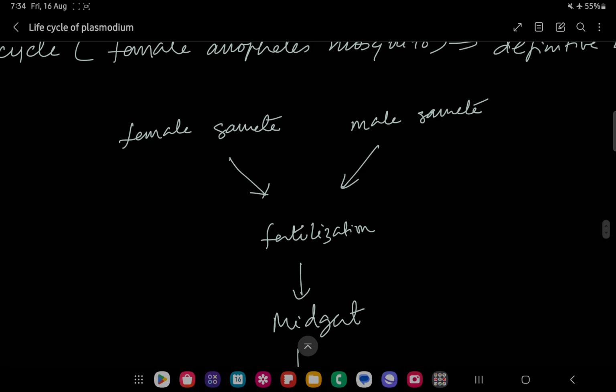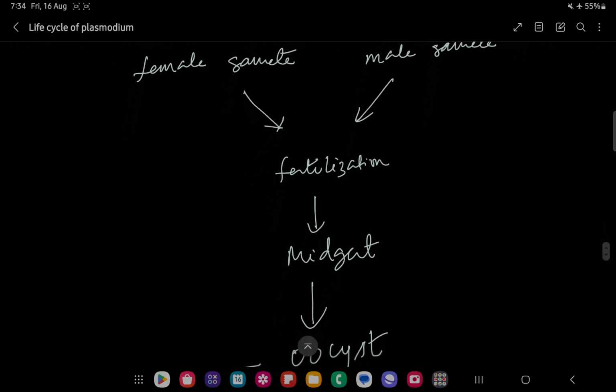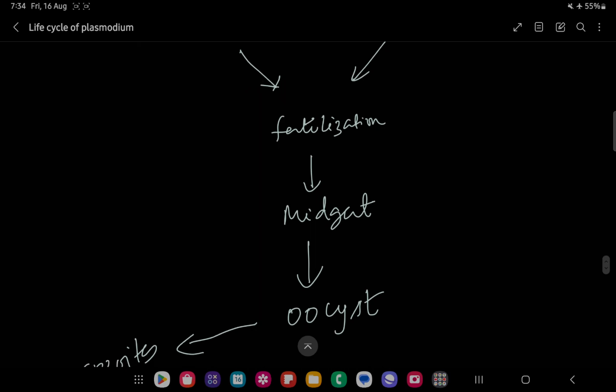Now the female gamete and male gamete, obviously fertilization happens in the midgut of the female Anopheles mosquito as it bites the infected person again. So here remember, it bites two times. I will show you the references of the book also.